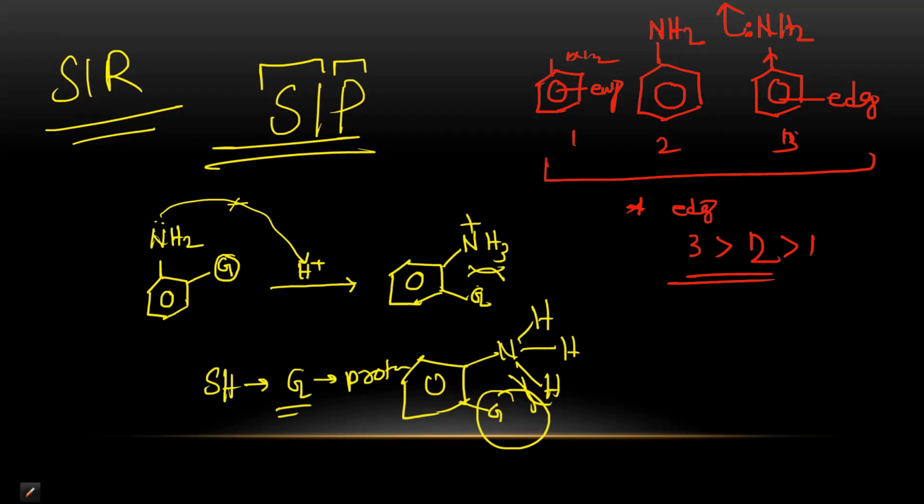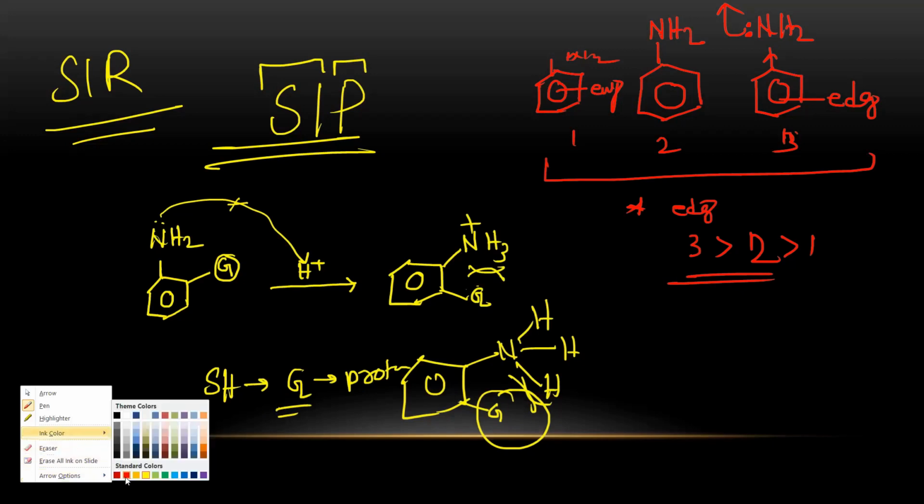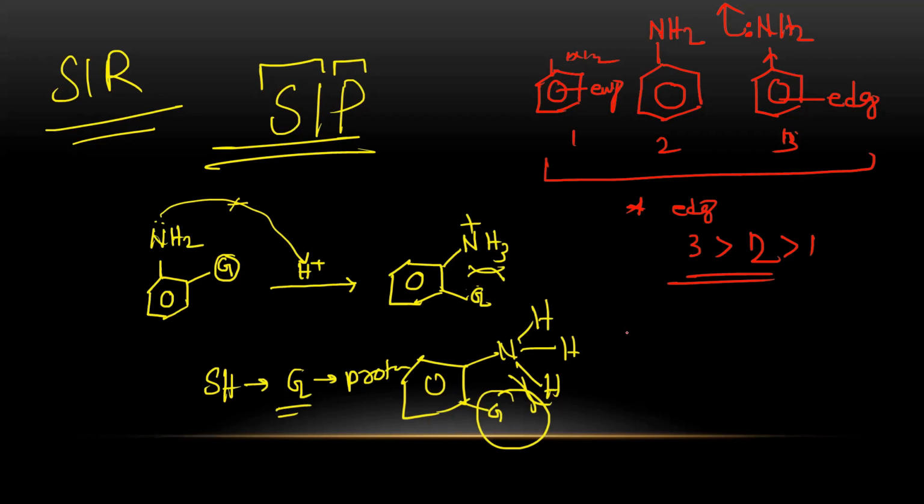So how will we decide which groups are more bulky or less bulky? If the G group is hydrogen, deuterium, tritium, fluorine, OH, note them down, okay? NH2 and CN.